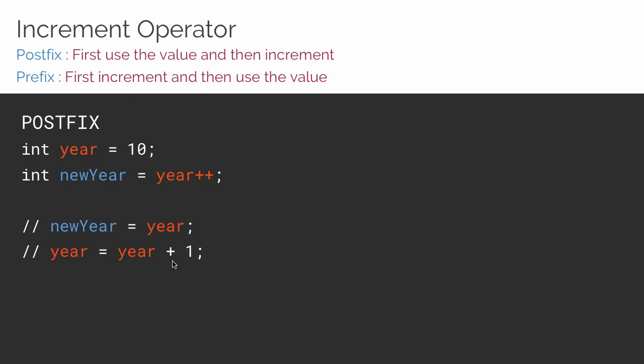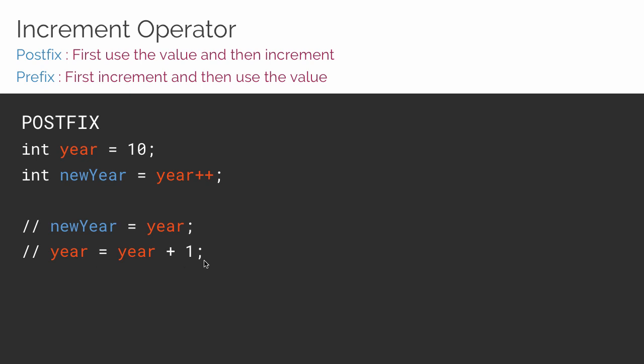plus 1. So always remember, whenever we have the postfix expression, we first use the value. That means assign the value of year into the new variable that is present here, so newYear equal to the old year variable, and then increment the value. So here I am using year equal to year plus 1.